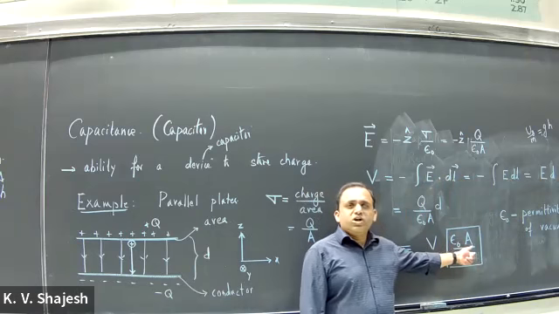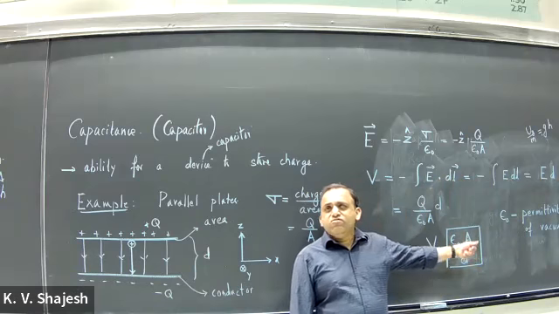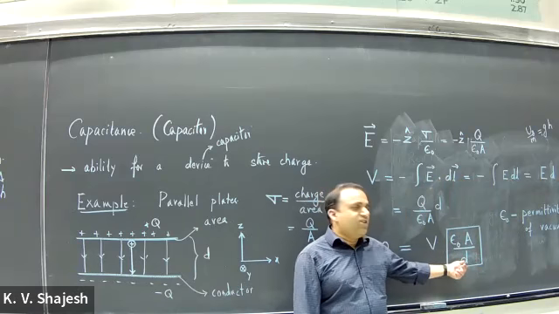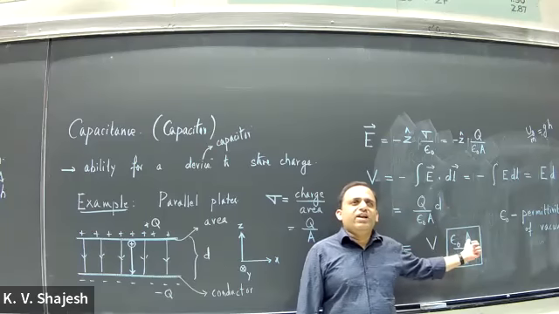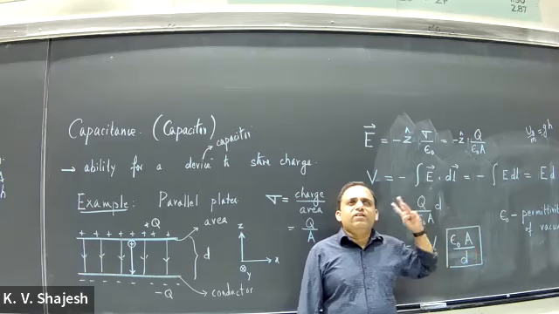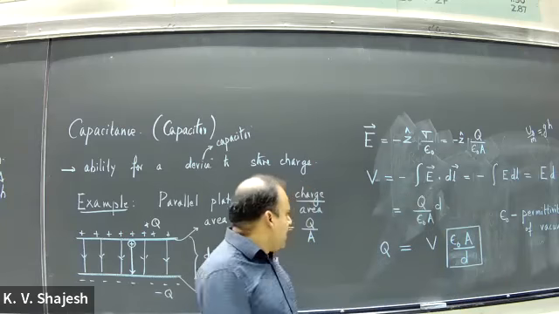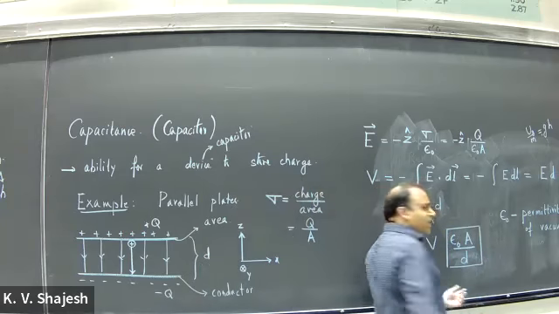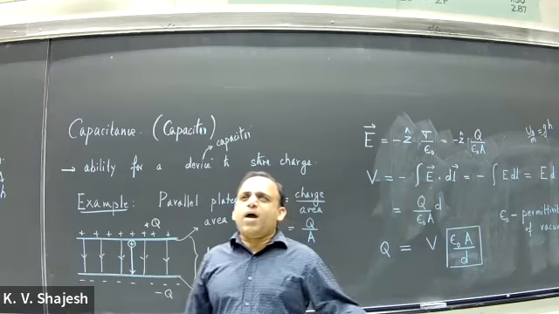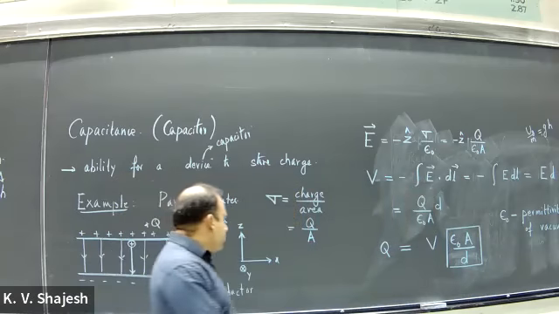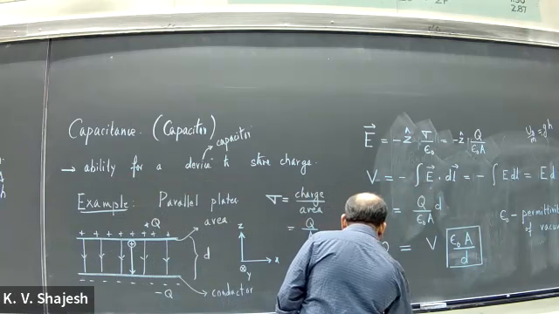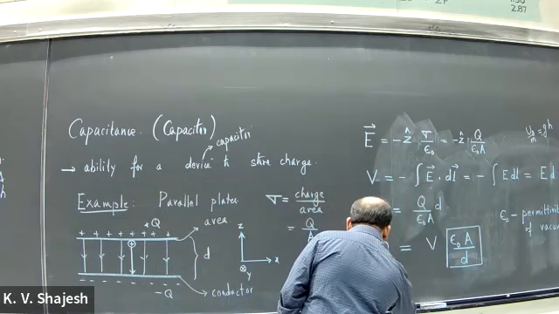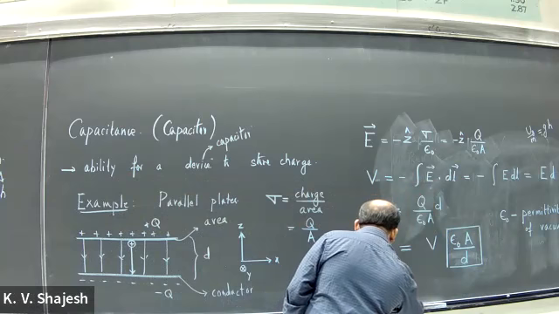It is proportional to area. It is inversely proportional to distance. And it is also proportional to the material that you fill it with. So those are the three quantities that it will depend on. And this box quantity you define as the capacitance. So that's going to be your capacitance. So C, the capacitance, is going to be epsilon naught times A over D.